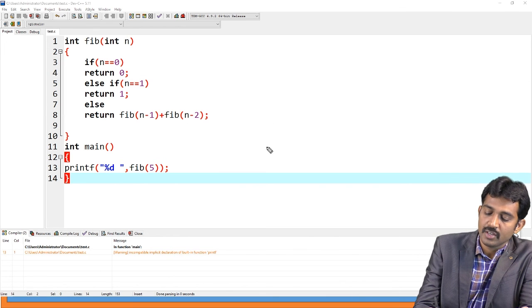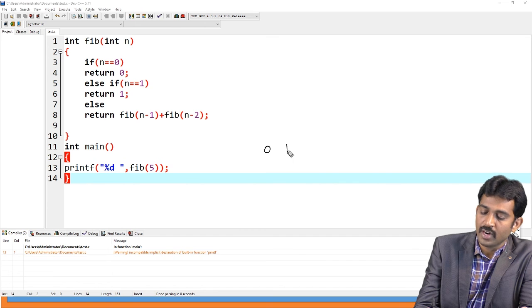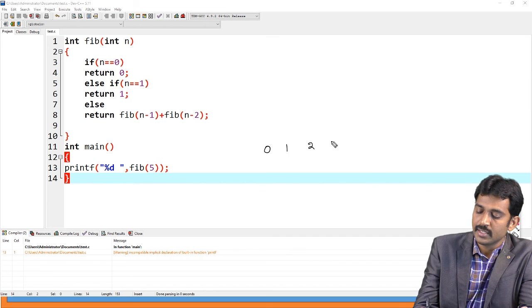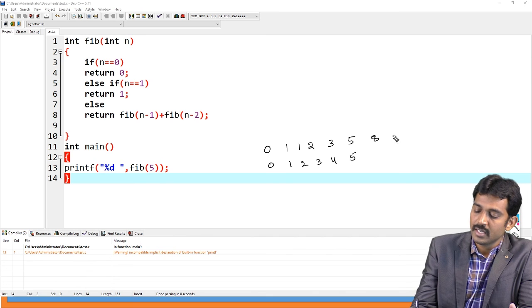Here the initial values are 0, 1, 1, 2, 3, 5 with indices 0, 1, 2, 3, 4, 5, then 8, 13, 21, which are indices 6, 7, 8.